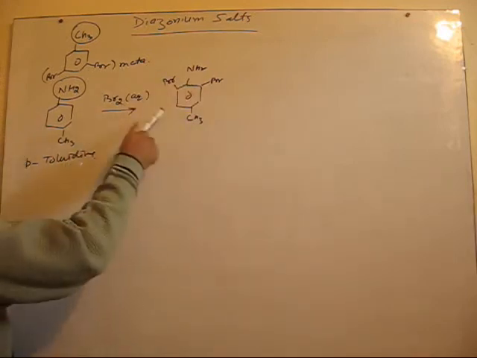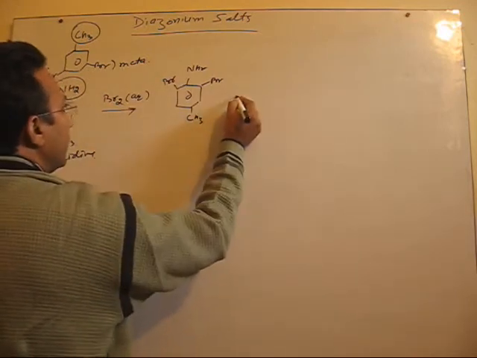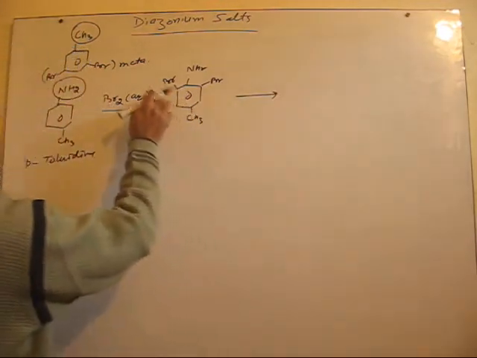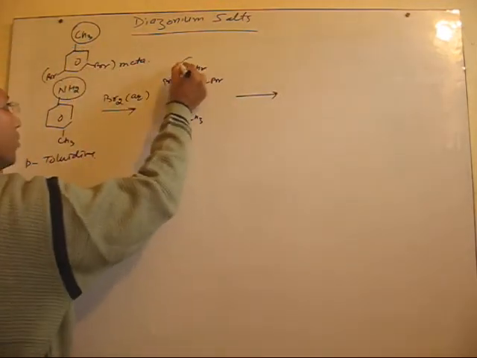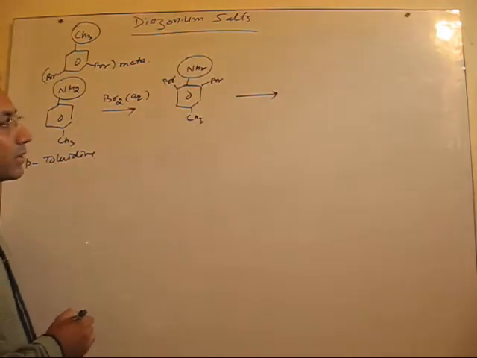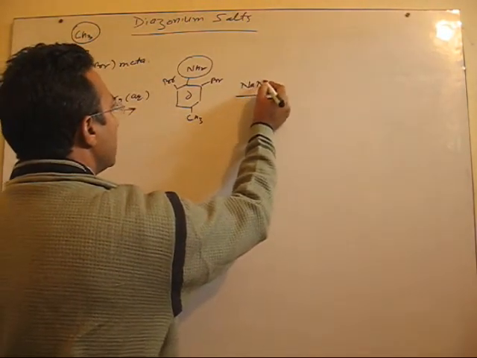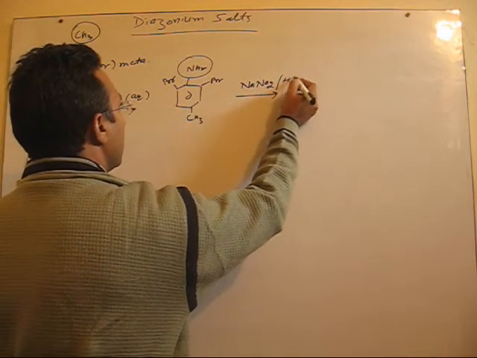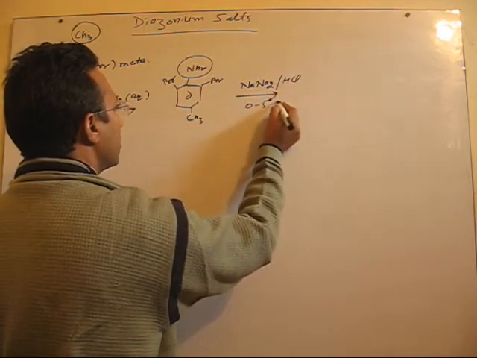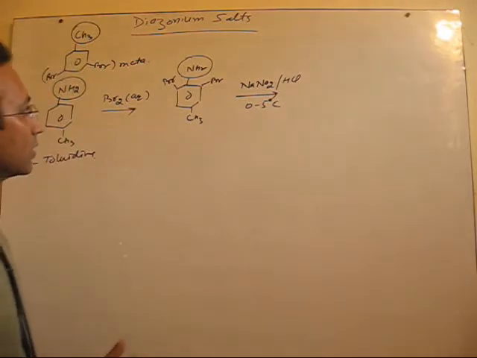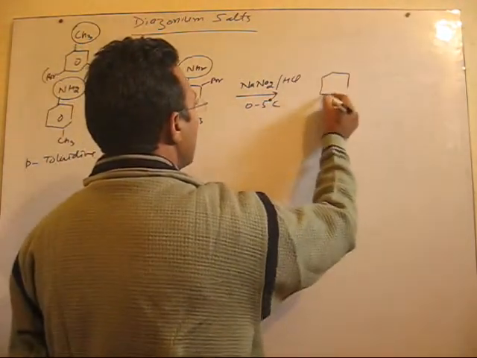Very interesting. Now we are very close to this compound; we only have to remove this NH2. First let's convert this into diazonium salt. This is the condition of the diazotization reaction.